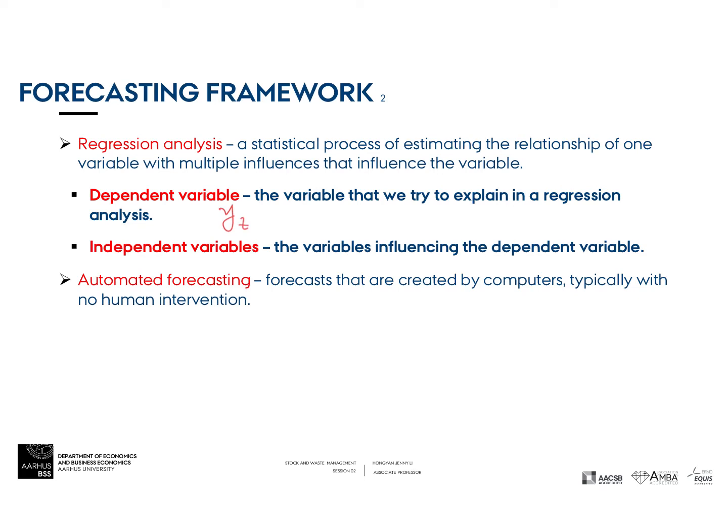We also need to know the independent variables, the variables that influence the dependent variable, for example x_i or x_it. Then you can find a relationship between these independent variables and the dependent variable.